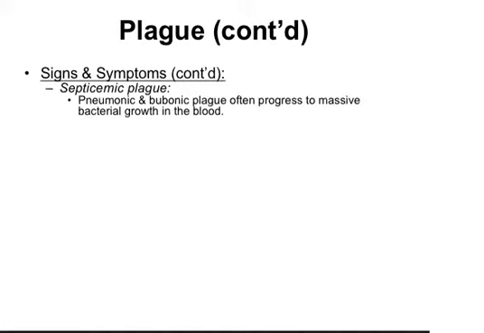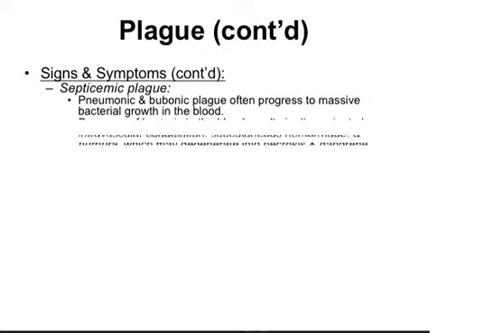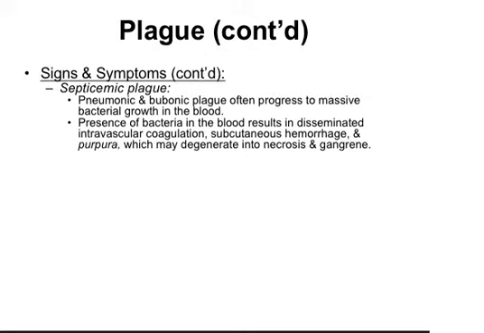Septicemic plague. Pneumonic and bubonic can both progress to infection of the blood. Presence of bacteria in the blood results in disseminated intravascular coagulation, subcutaneous hemorrhage, and purpura, which degenerates into necrosis and gangrene.